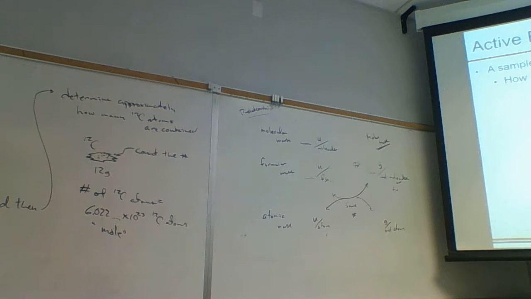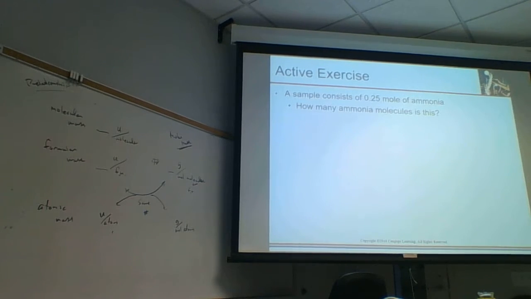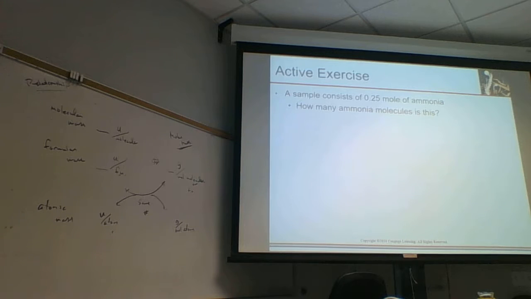A sample consists of 0.25 moles of ammonia. How many ammonia molecules is this? And so we're going to have some additional conversion factors with this. The conversion factors that we're going to have is moles to grams or grams to moles using the molar mass.